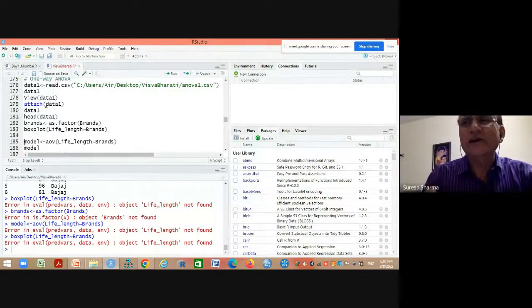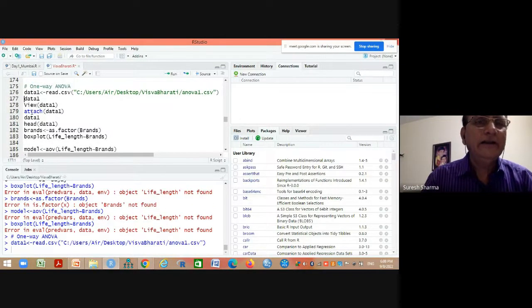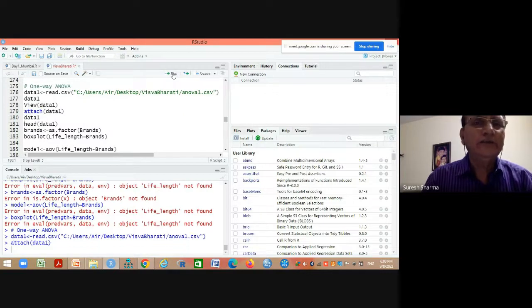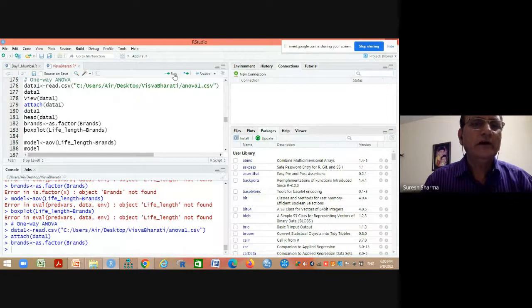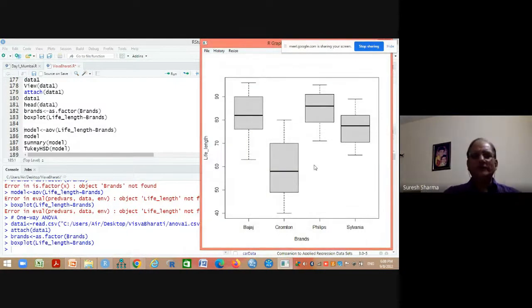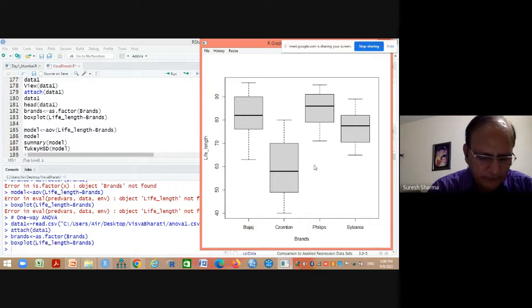So that's why it says life length is not found, because it is in the data frame. So run this again and attach the data. Now, once you attach data, everything will work, even brand. This is working now, the box plot is also working. So I made a mistake because I didn't attach the data. Is that okay? Where was the mistake?